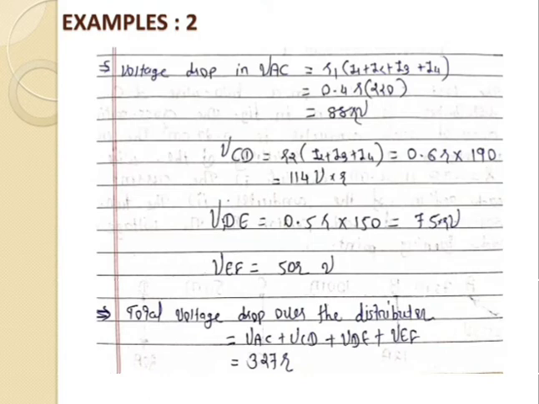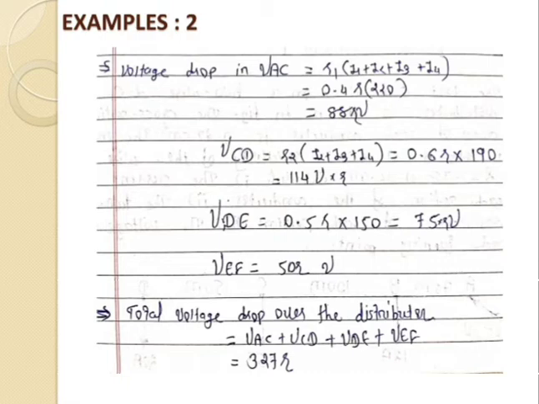Now go for the third step, that is the voltage drop in the individual section, that is the VAC. Again just apply Ohm's law. VAC is equal to RAC into IAC. Already from step number 1 and step number 2, we have calculated the value of resistance and the value of current.